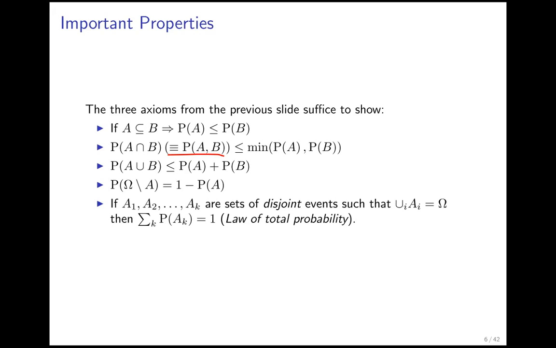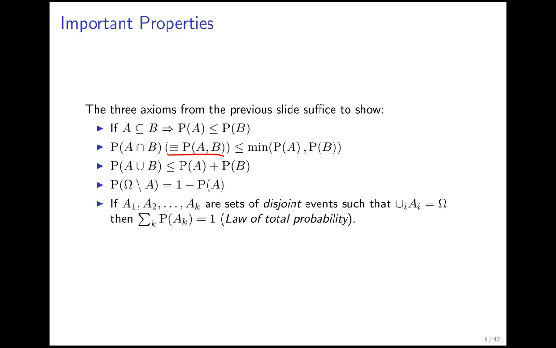The third property that you can prove is concerned with unions. We again have the two events A and B, and we're looking at the probability of the union. How can we calculate this, or can we say anything about this? And what you can prove is that it is at most as big as the sum of the probabilities of the two individual events.